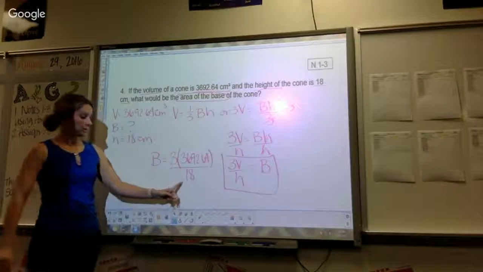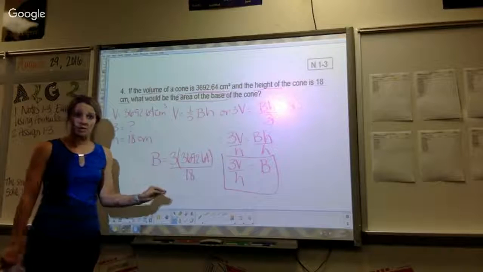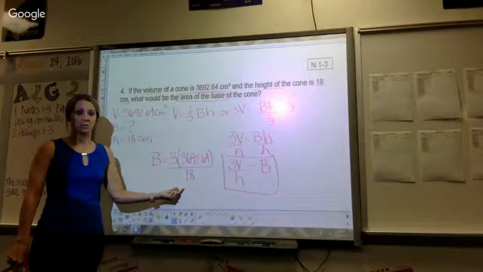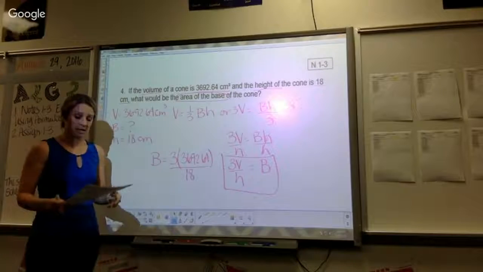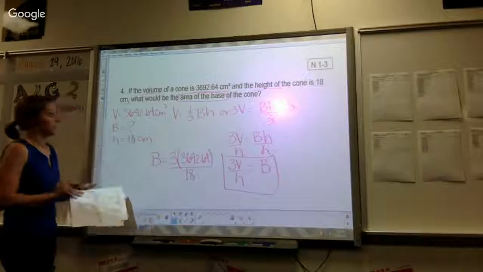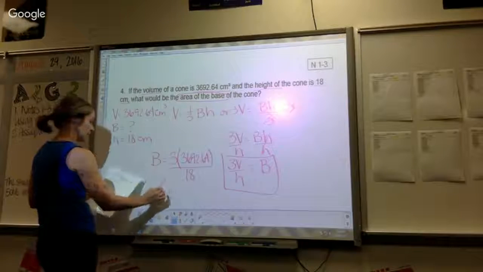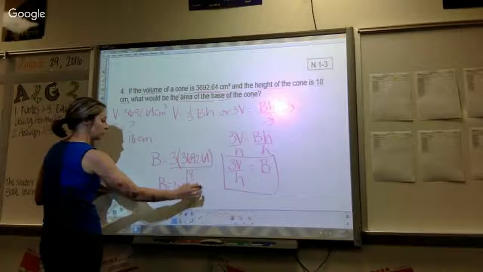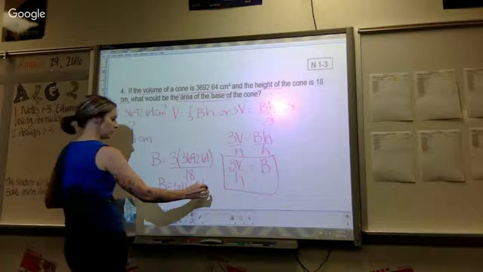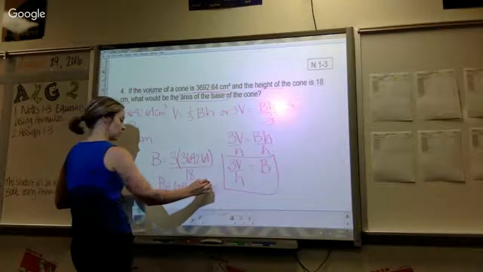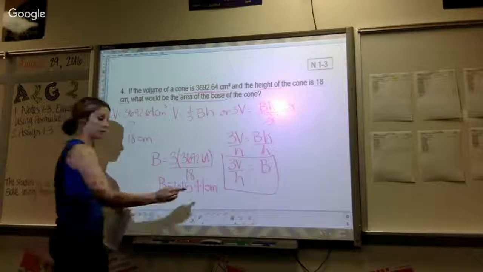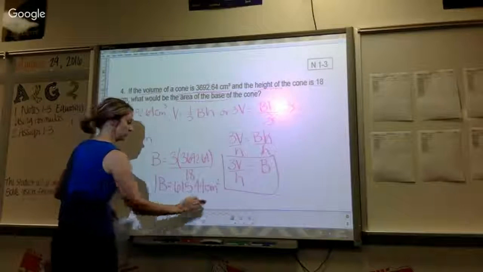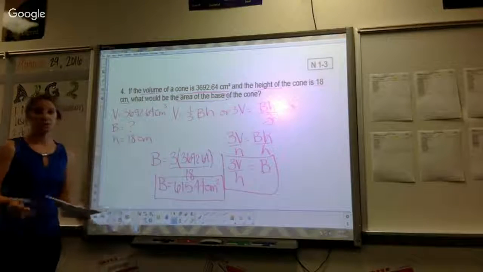Now, on this example, since we're dividing by only 18, you wouldn't have to put parentheses around that 18 if you're plugging it into the calculator all at once. Okay, so when you multiply and then divide by 18, you should get 615.44. We're talking about area, so that would be square centimeters, or centimeter squared.